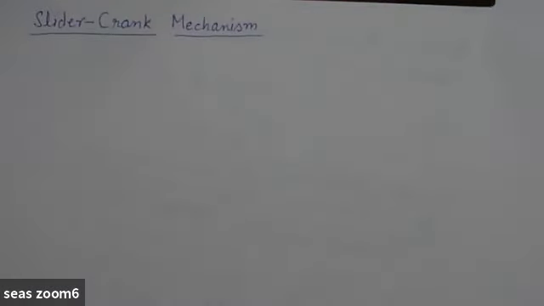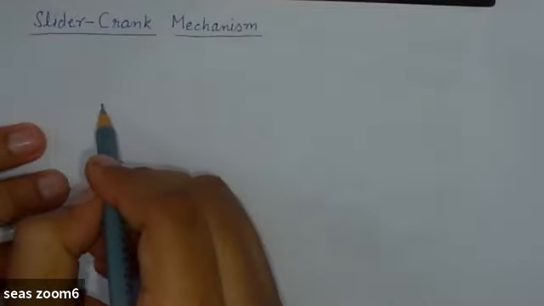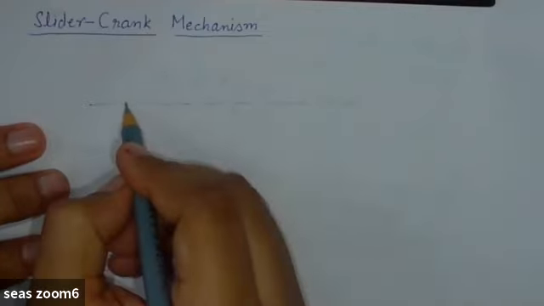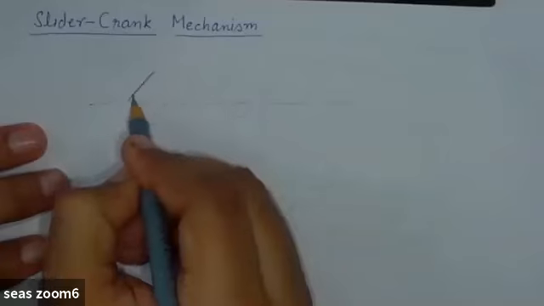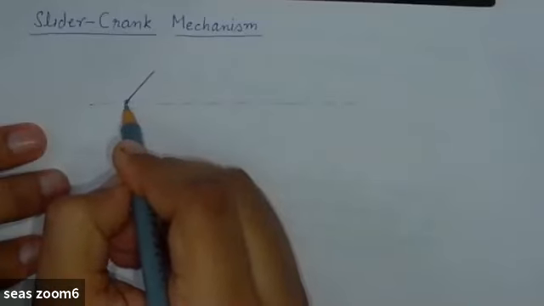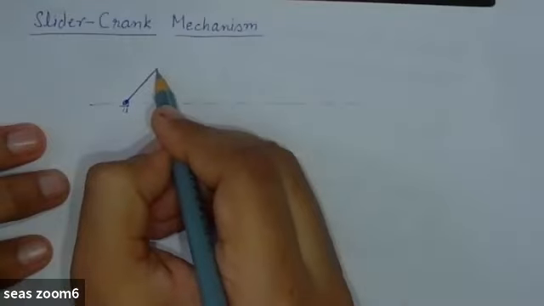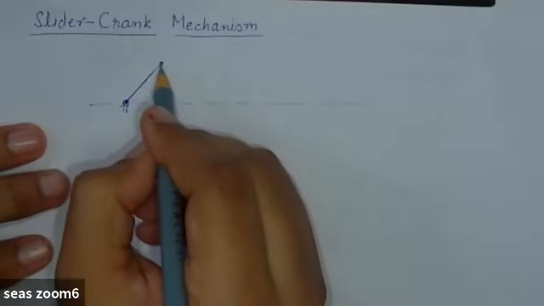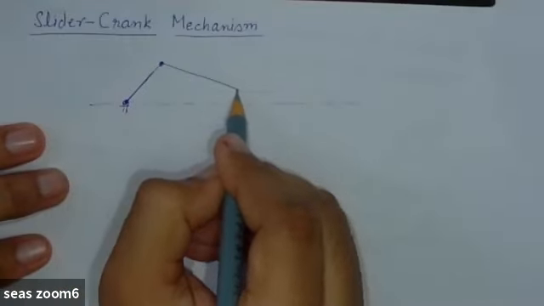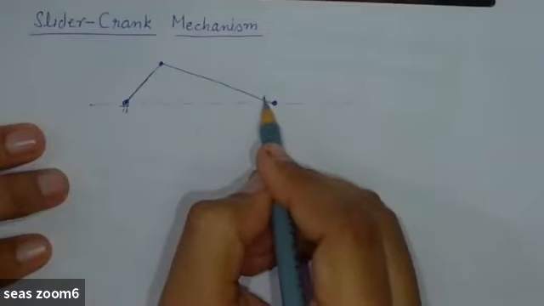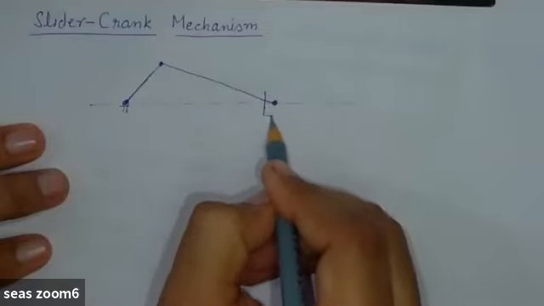And a slider crank mechanism, if I wish to draw, I can draw it like this. There is this crank, and this crank is connected to a connecting rod, and this connecting rod is attached to an element.